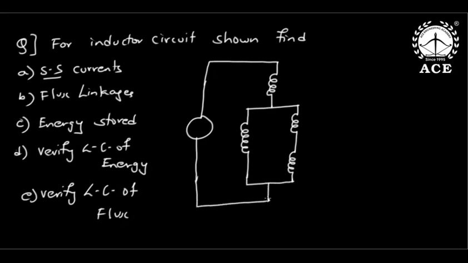Then flux linkages in each inductor, energy stored in each inductor, verify the law of conservation of energy and the law of conservation of flux. So this source is 18 amperes, and the inductors are 1 Henry, 2 Henry, 3 Henry, 4 Henry. The question is very simple here.